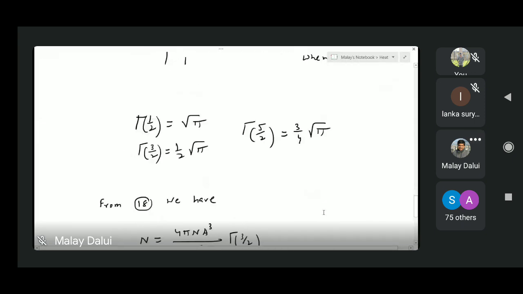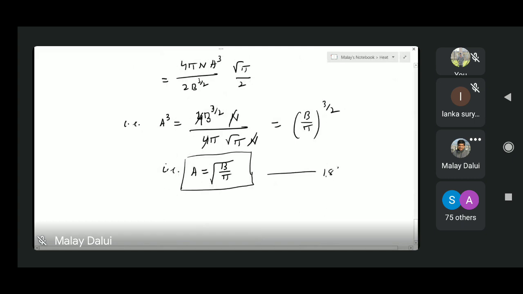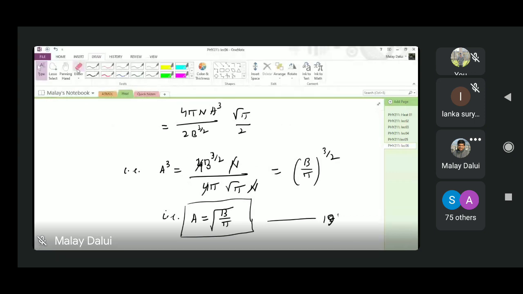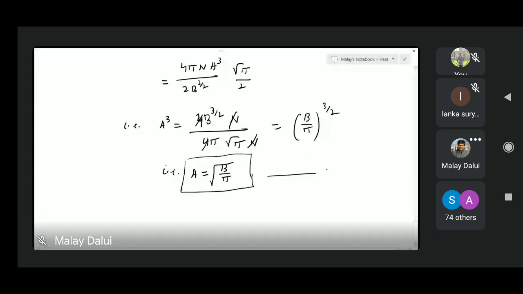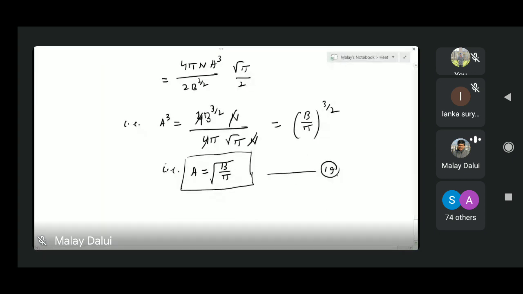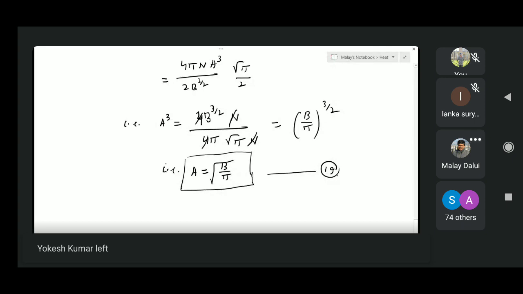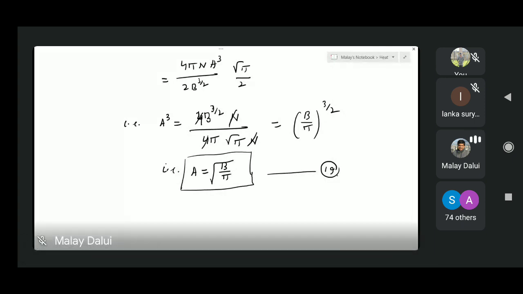19. Okay, so you see that the constant a is expressed in terms of b. To determine two constants, we should have two conditions, but we have used only one. So if we know a, then we can determine b.